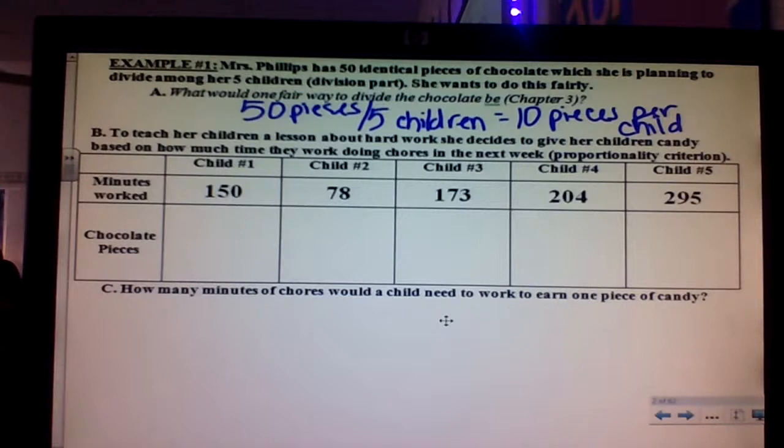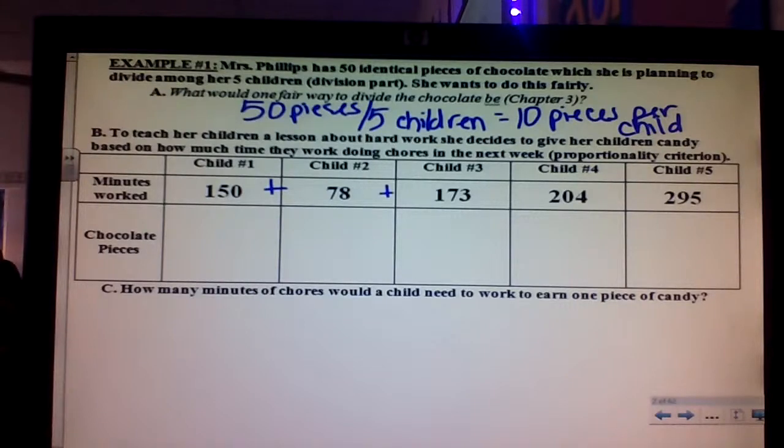We need to figure out how much chocolate each child gets. That's kind of hard. So first I need to figure out what percentage of the time each child worked. How do I find a percentage? Add them all up, and then divide.